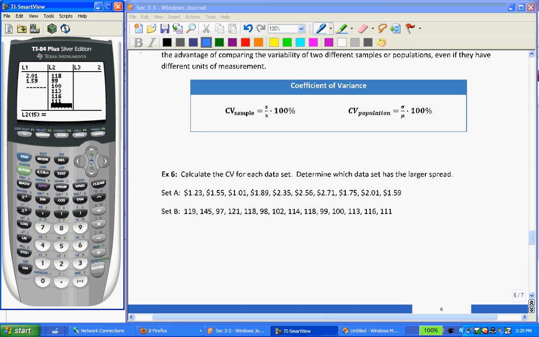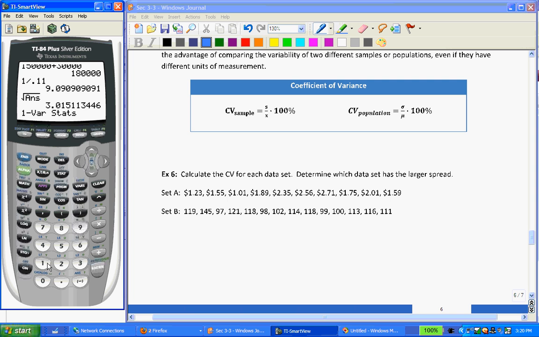So list 1 is my dollar amount, and list 2 is set B, which we don't know where it comes from, but just the regular numbers. So again, I'm going to do stat, and it would be tempting to do two variable statistics, and you could, but that's really for comparing two data sets that have something in common, and these are actually very distinct and different. So I'm just going to run one variable statistics on each set independently.